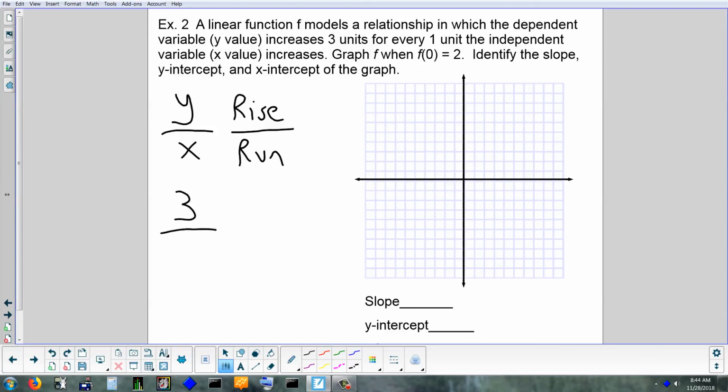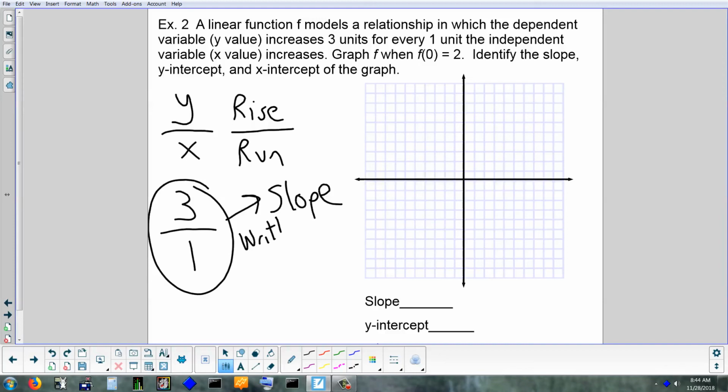over. For every 1 unit, the dependent variable increases. So would it be 3 over 1? 3 over 1, right? So it says the x value is increasing, so it's positive. They're both positive. So this is your slope. You don't have to write this if you don't want to.